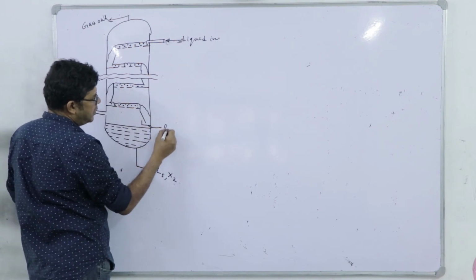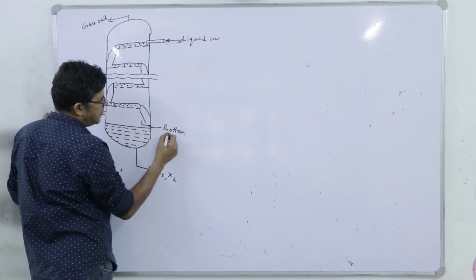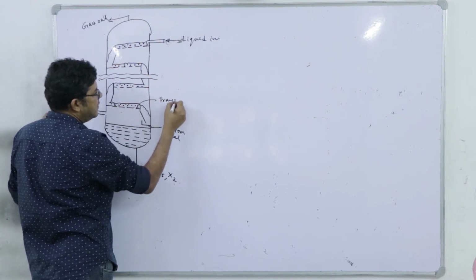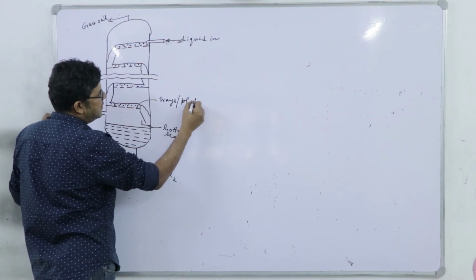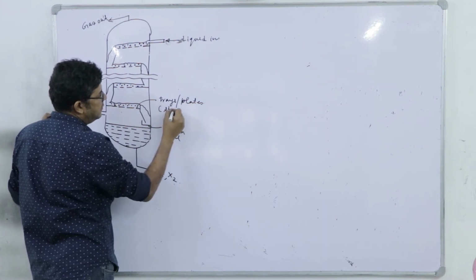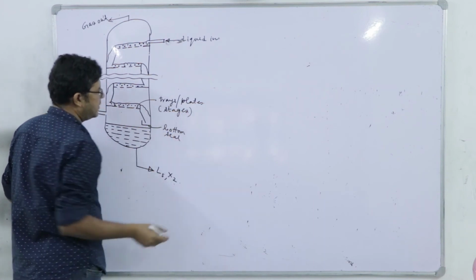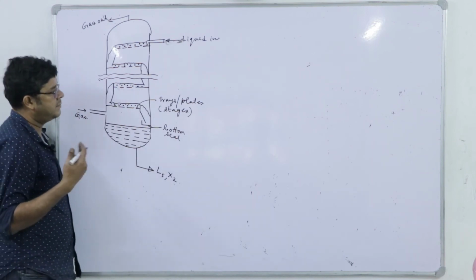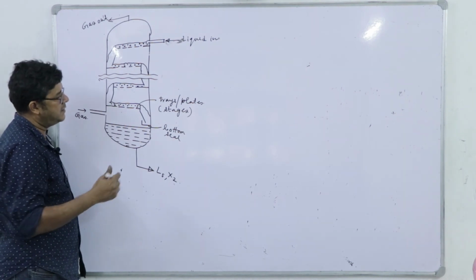And this is called the bottom seal. These are the trays or plates, or theoretically we call them stages, where we facilitate this exchange of mass between the gas and the liquid.